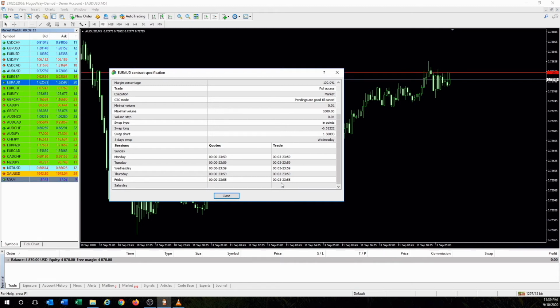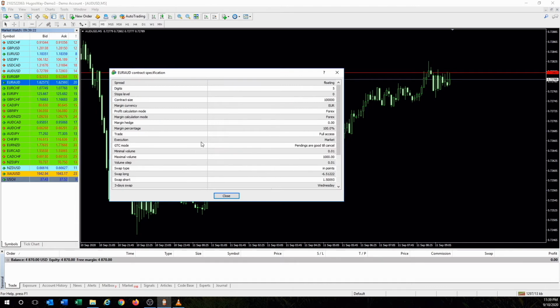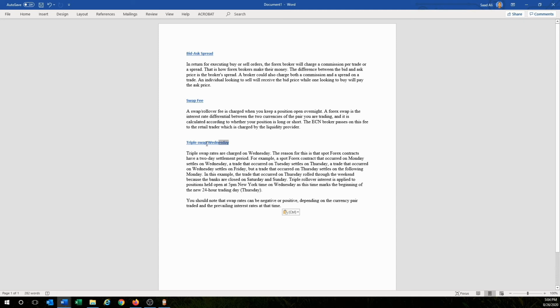Some assets, for example oil, close a certain part of the day, and just be aware of what's in here. It's good information. Okay. Why I'm kind of emphasizing swap fees, triple swap.